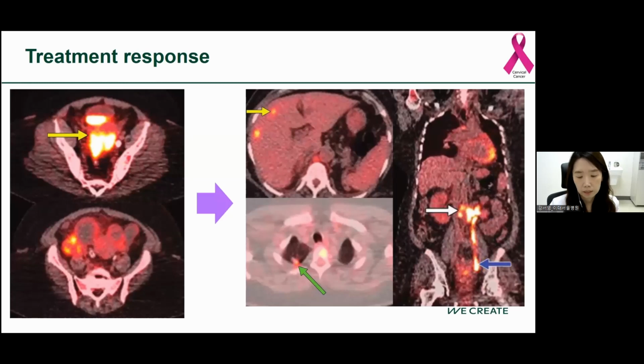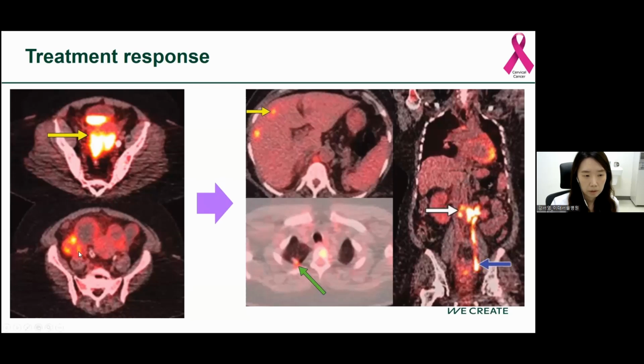The next case shows the role of PET-CT in treatment response evaluation. This is a case of a 60-year-old woman with inoperable stage 4B cervical carcinoma with multiple lymph node metastases. Here is the initial PET-CT. So there is a hypermetabolic mass here, probably cervical cancer.